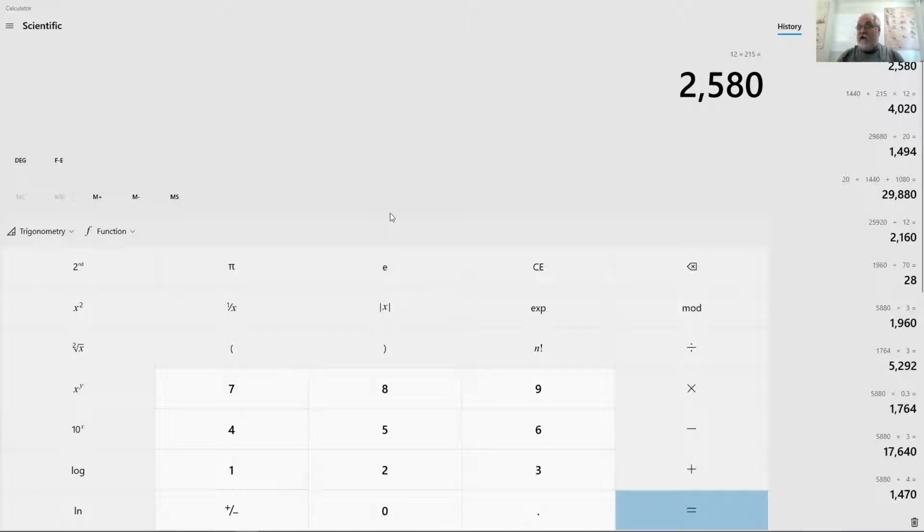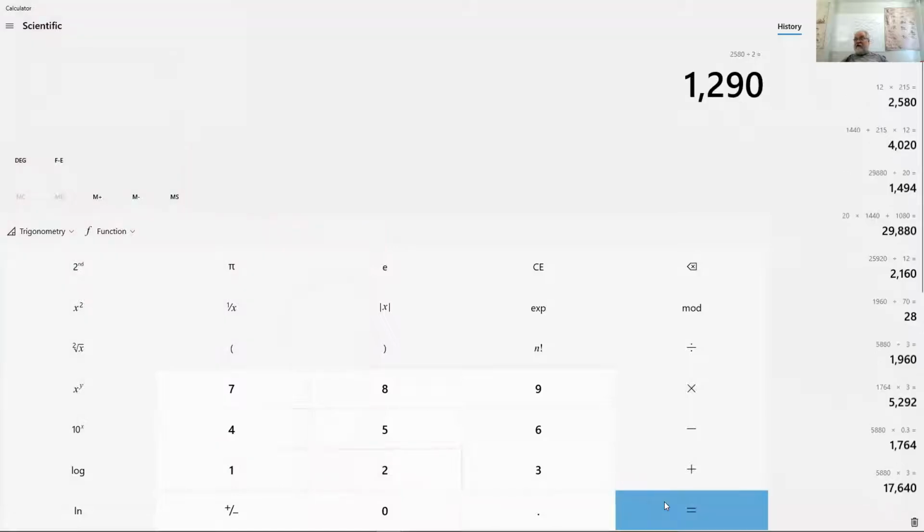Okay, 1290, right. So you can see that this relates to a prophecy we already understand, correct? So we divide this by 2 and we get the 1290 days, which is 1290 years. So is there a relationship then between the 215 and the 1290?